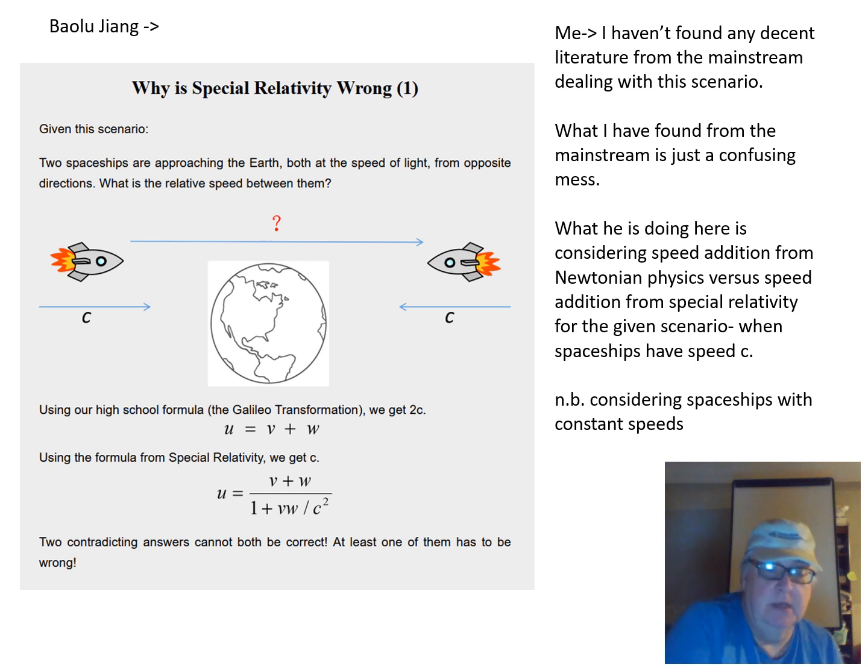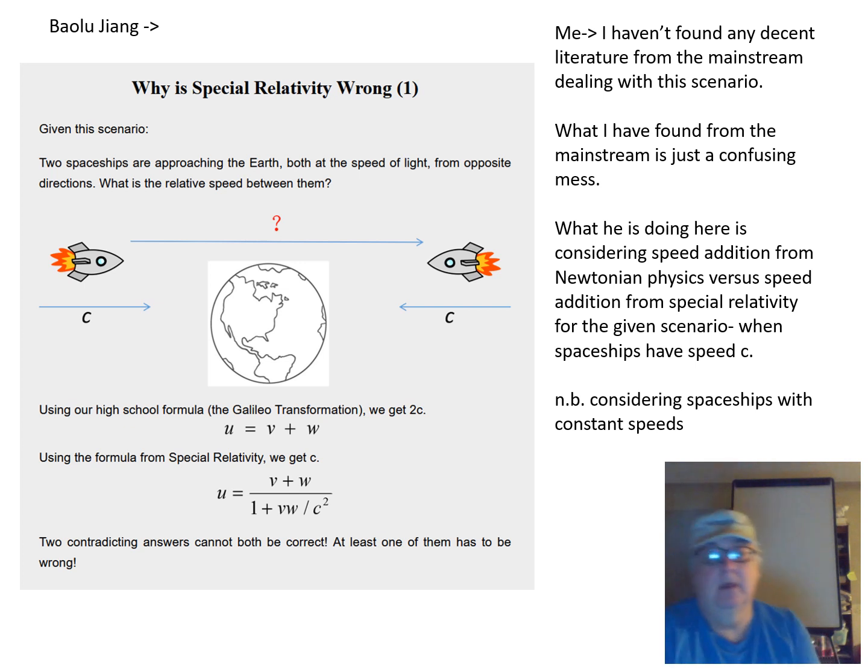And he gives the formula for what that relative speed should be. Saying from high school, that would be given by the following formula: u is equal to v plus w. But from special relativity, it gives a more complicated formula. And he says its two contradicting answers cannot both be correct. At least one of them has to be wrong!